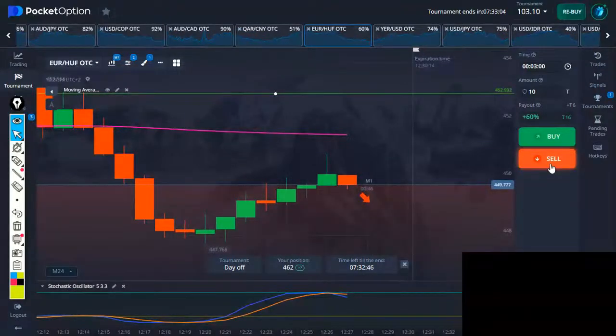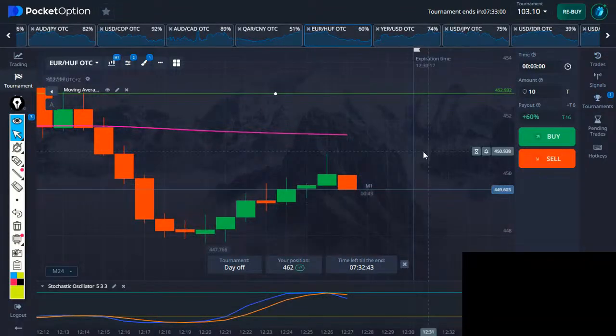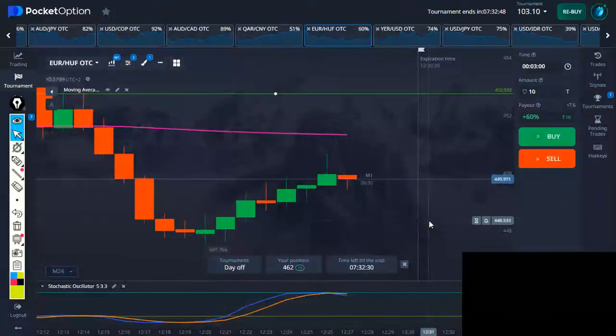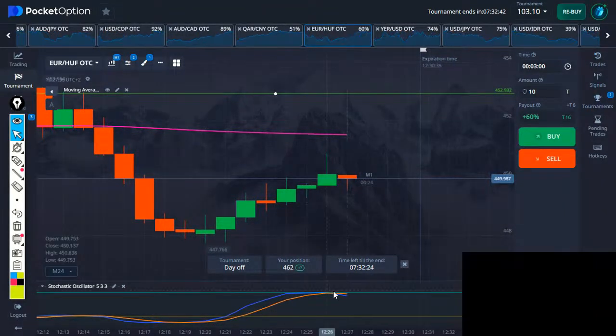We'll wait for the close of the candle. Stochastic is already crossing. So we'll take a 3 minutes position. I see a clear push to the downside from the stochastic oscillator, both lines. If I don't see that, I won't take the trade.